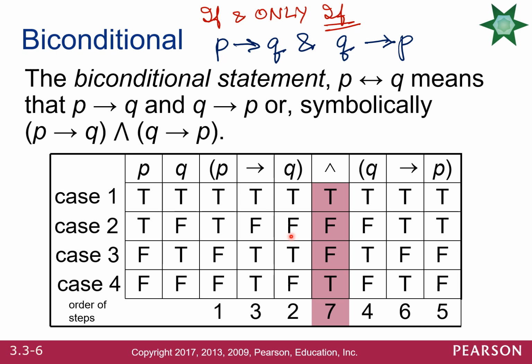True, false, that's the only time it resolves to a false. Then FT is a true, and again FF is a true. So that's step 3, which is the resolution of if P then Q. So I'm going to just highlight this, because eventually we're going to work with this.